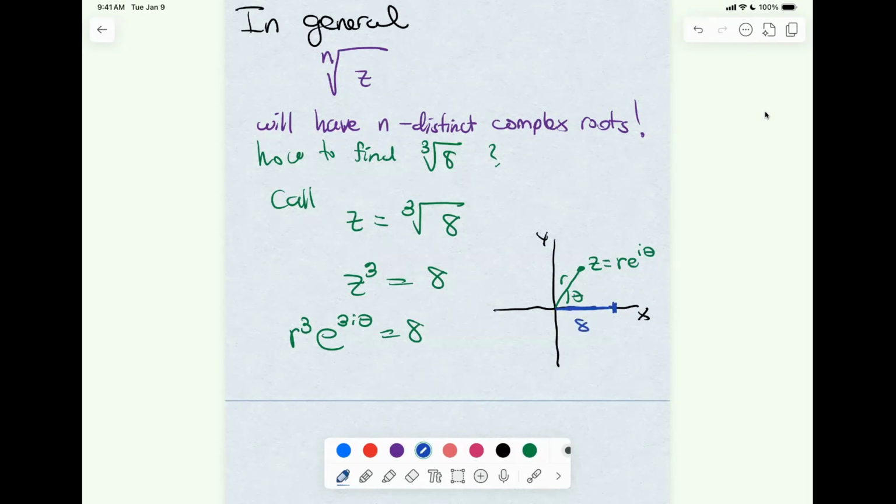Here you have the number 8 on the x-axis, and that should coincide with r cubed e to the 3i theta.